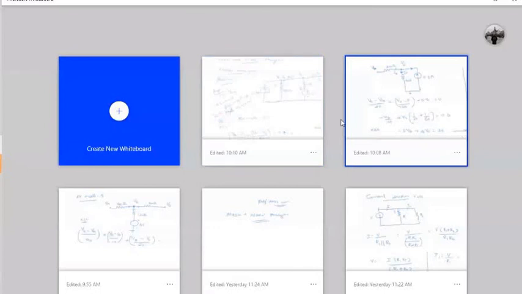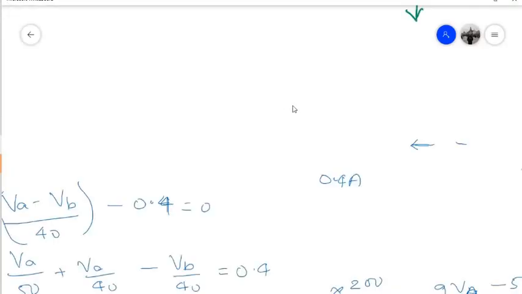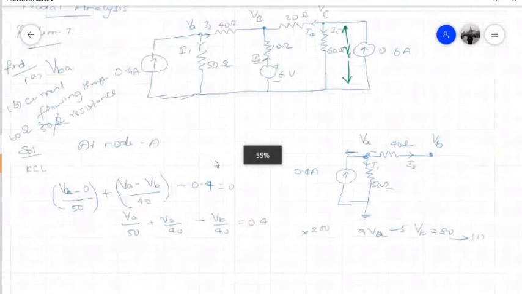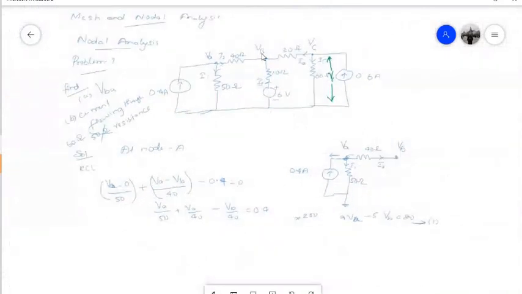Now even if you calculate VB minus VA, the value will be the same. There will only be a sign change.